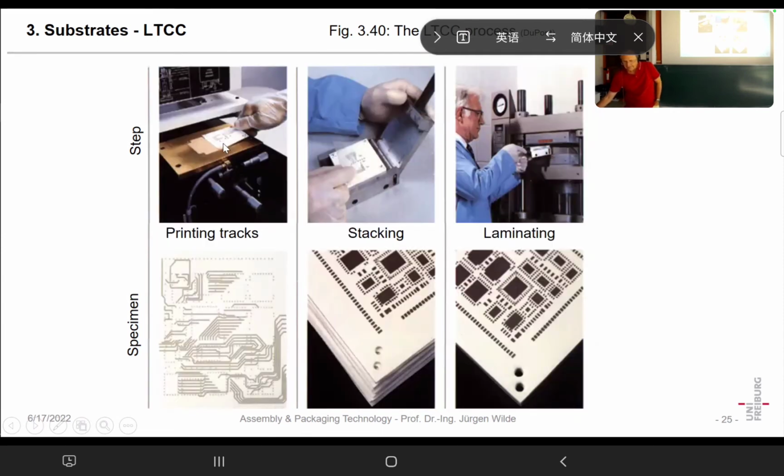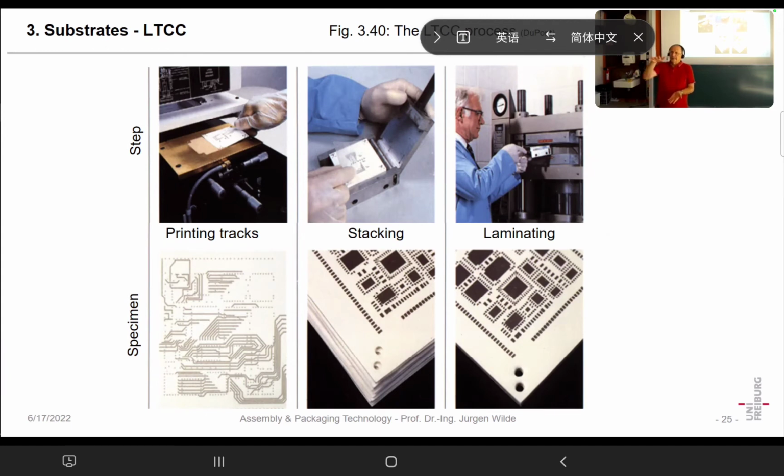And after the via filling, we print the tracks. Again, that's the same process for printing conducting tracks as in thick film technology. And in that way, for each layer, we get that pattern.